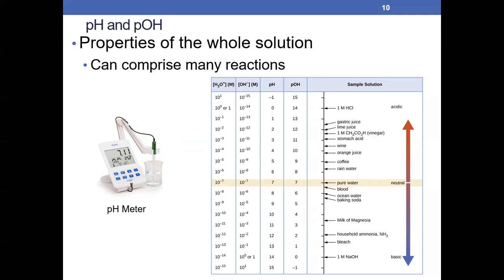Depending on what you're analyzing, whether it's a basic or acidic solution, you can toggle between those. We can also use the concentration of H3O+ or the concentration of hydroxide to determine acidic or basic solutions as well. Depending on the context, we'll pick one of these variables and utilize it to represent the relative acidity or relative basicity of our solution.